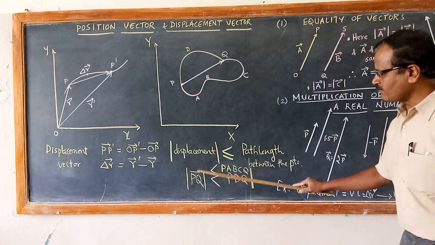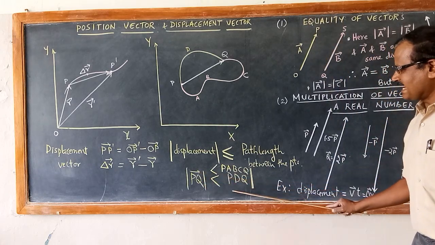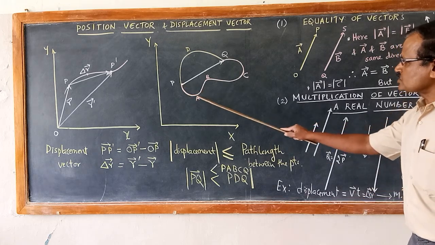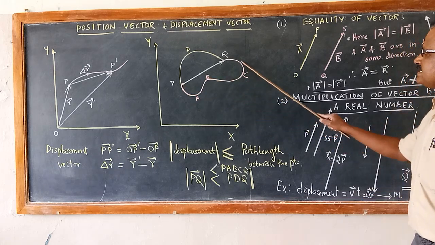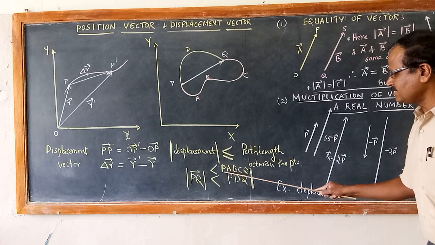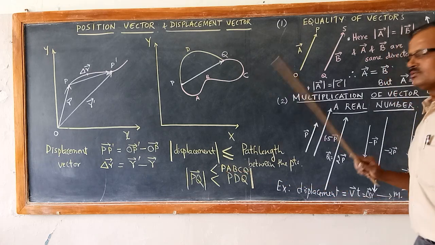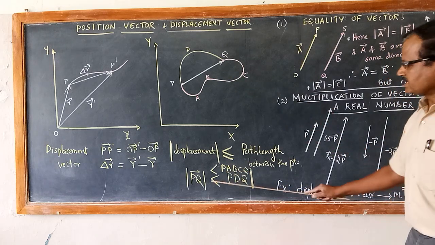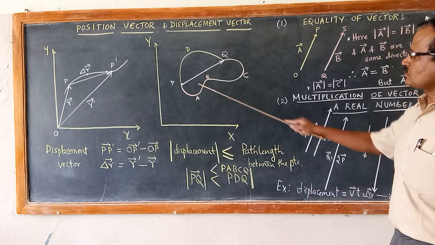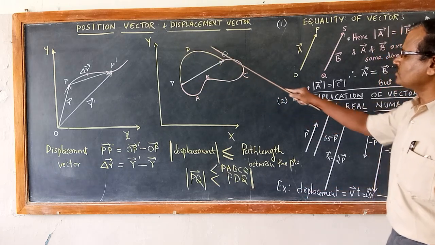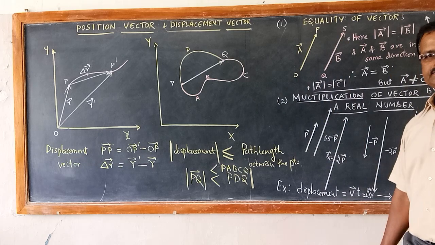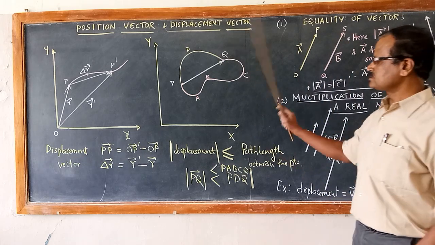The modulus of the PQ vector is less than the actual path length PABCQ. Second, it is also less than the other actual path length PDQ. This is represented here. So this is the meaning of the displacement vector.